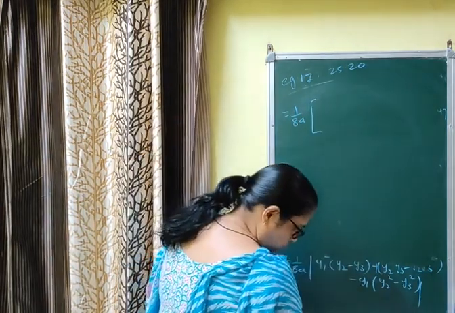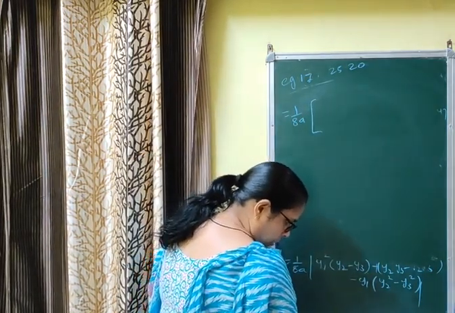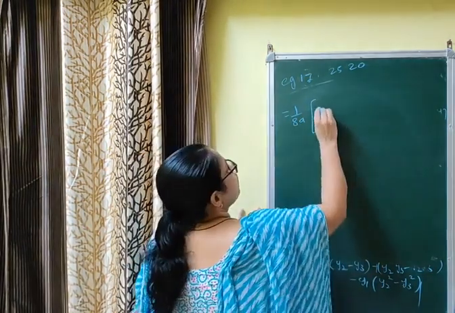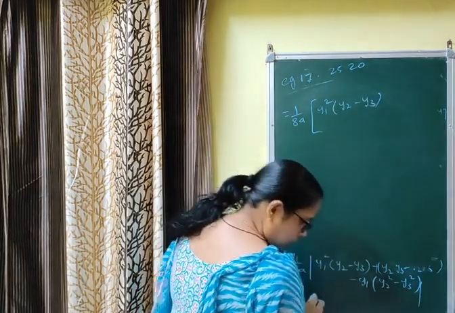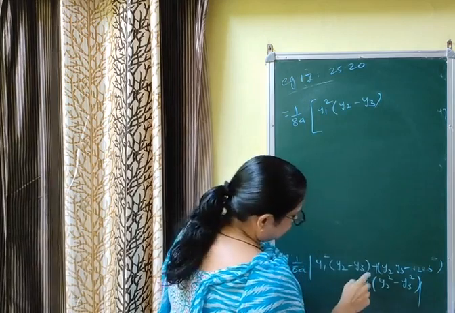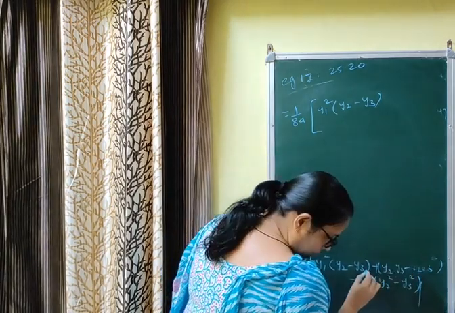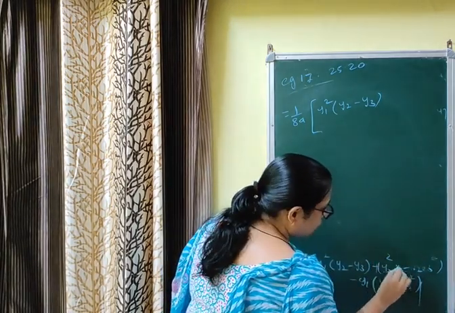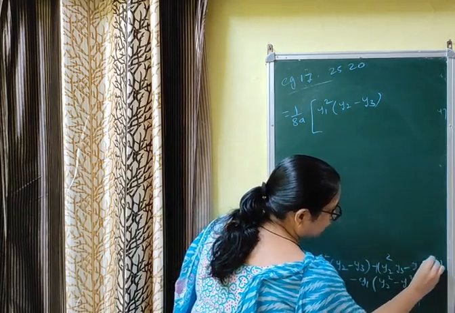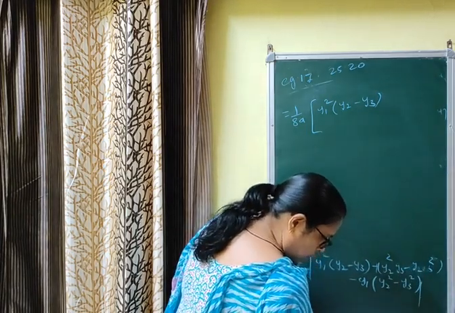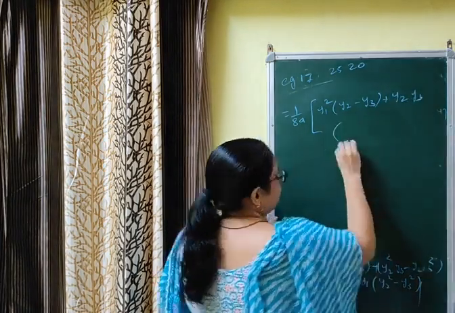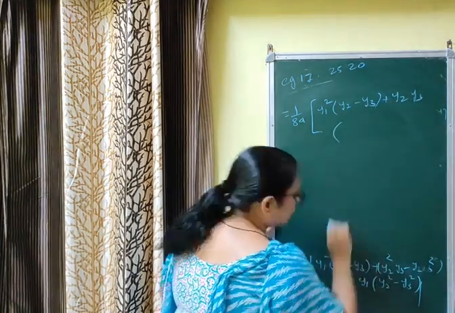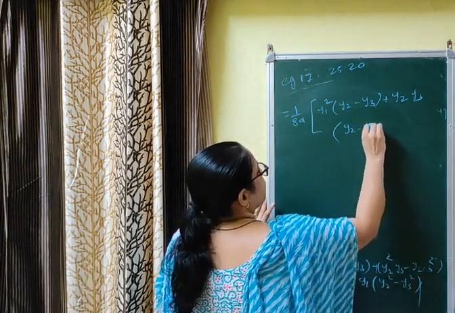1/8a into, again, y1 square into (y2 minus y3) as it is, from the second term, in these two terms, y2 square y3 minus y2 y3 square. From these two terms, if you take y2 y3 common, you will get (y2 minus y3).